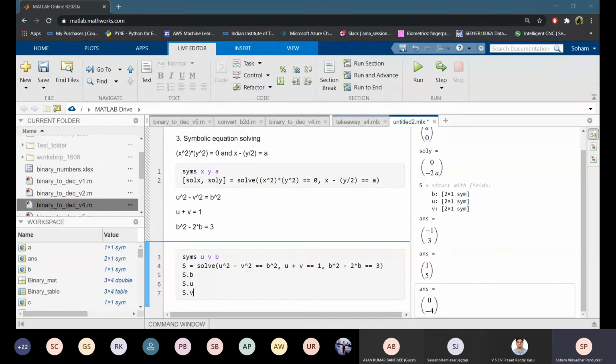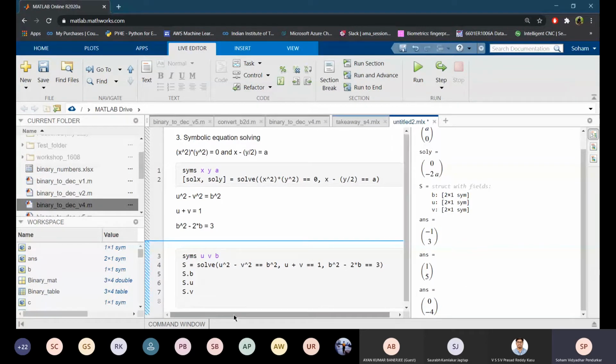So there is a method of taking this and putting this into a matrix. If you want to concentrate on only the first solution, we'll create a solution matrix like this. Solution matrix is equal to, I'll just put all of these together, B, and since these are arrays, now I can index them.